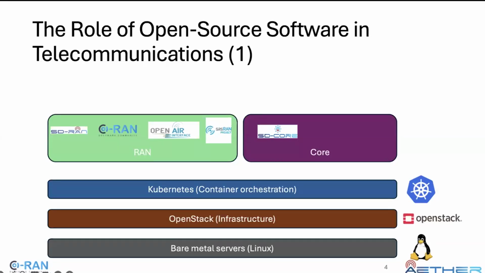It's a cloud-native mobile core, both 4G and 5G. On top of that comes the Aether project, a leading open source private 5G platform. It can make use of SD-Core and other RAN components.